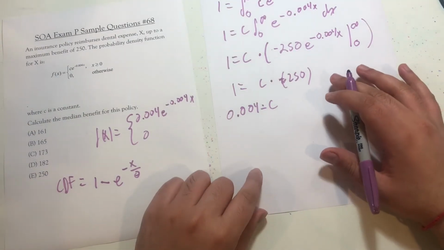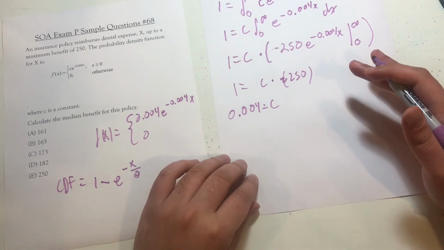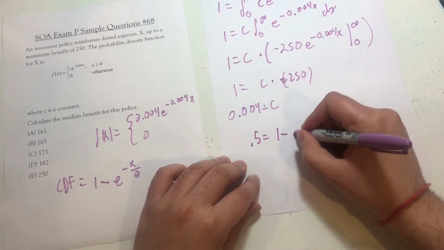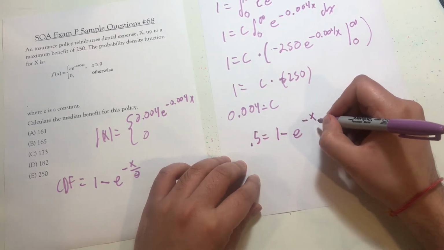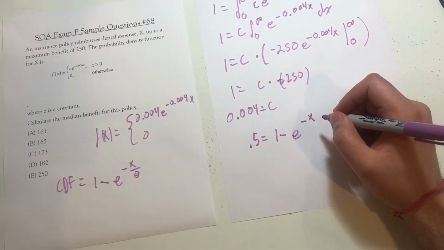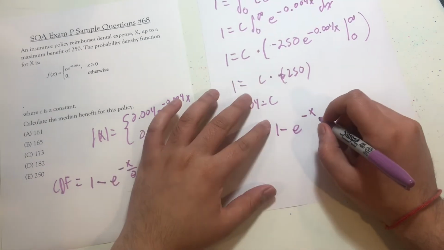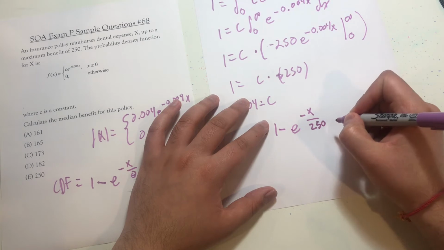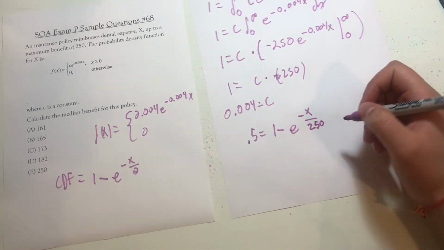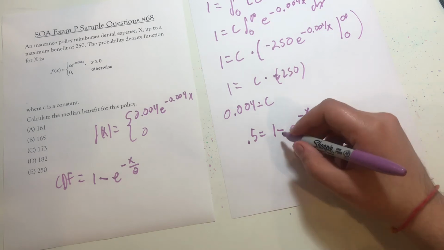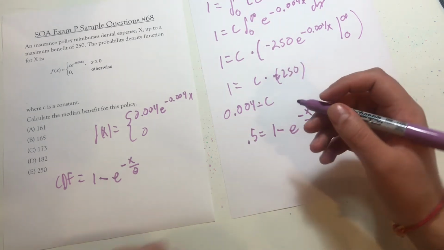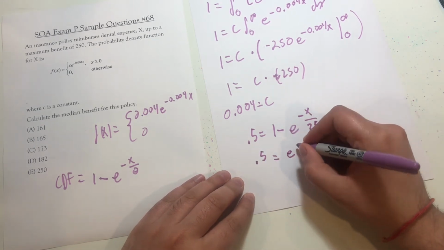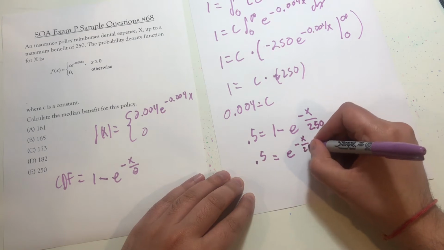So what makes our loss 0.5? Let's take a look. 0.5 is equal to 1 minus e to the negative x over, just double checking, yes, that is 250. I'm going to move this over to the other side and get rid of the negative sign. This becomes 0.5 is equal to e to the negative x over 250.